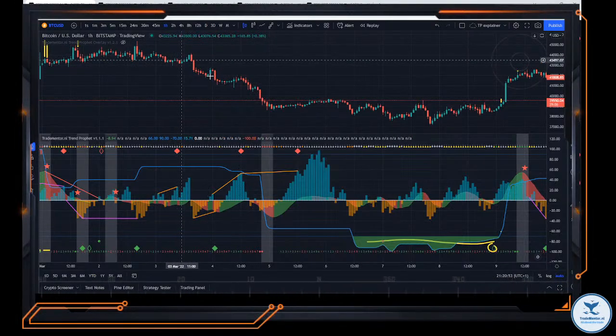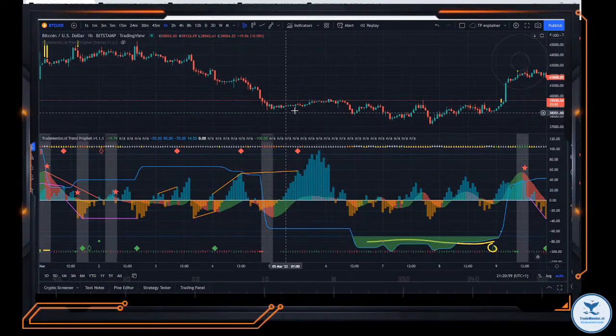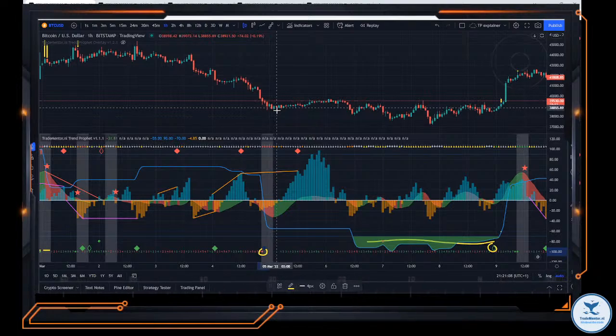And finally, with this last push, they succeeded to drop the price pretty nicely. And behold, a completed selling cycle here, trend momentum reversing.